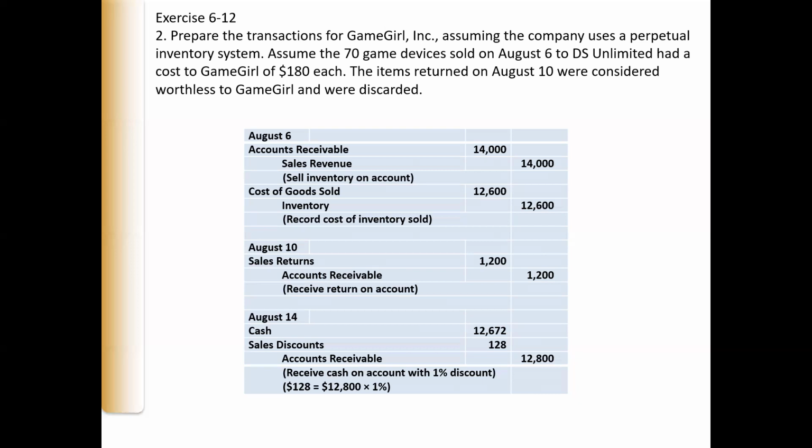Then when we received the money, we debit our cash, we debit our sales discounts, and we credit our accounts receivable of $12,800. Remember, they took the discount. Okay.